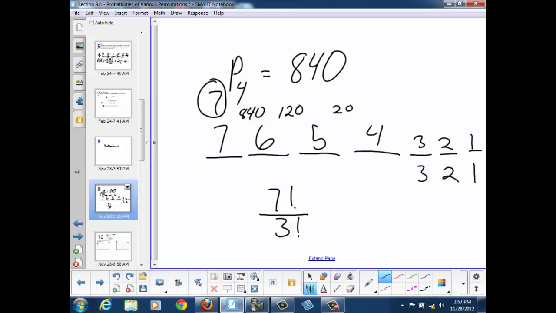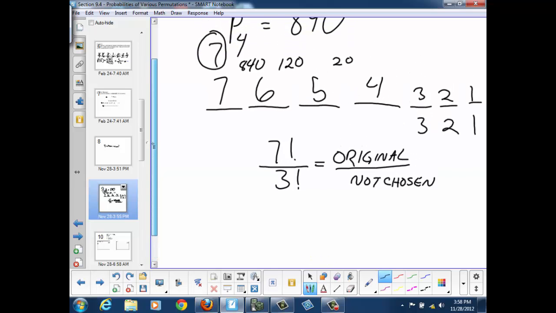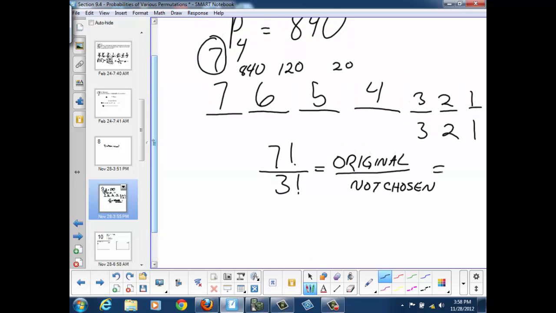So that 3 factorial, here's my original set as the numerator, and my denominator is the not chosen portion of my set.